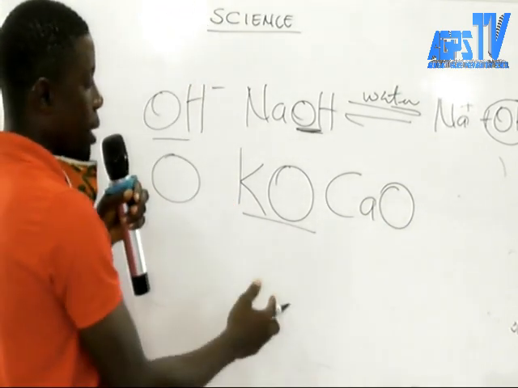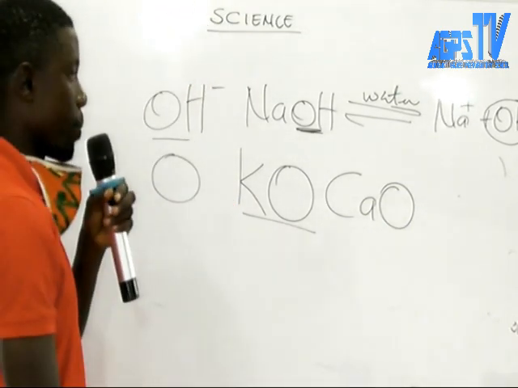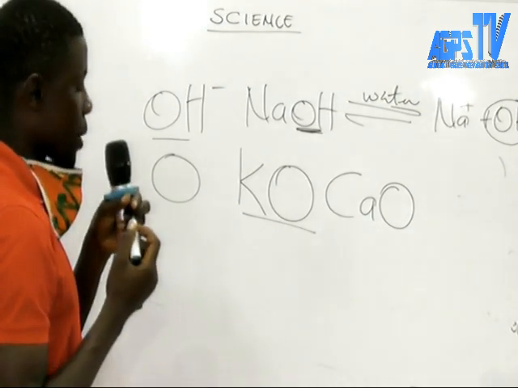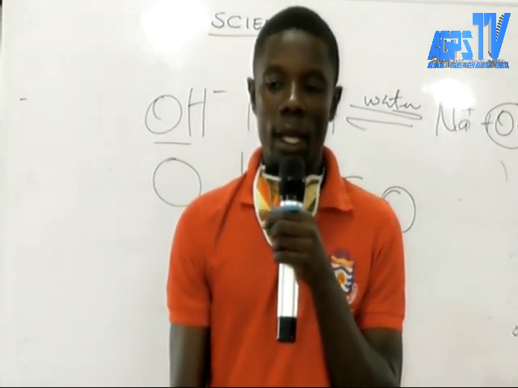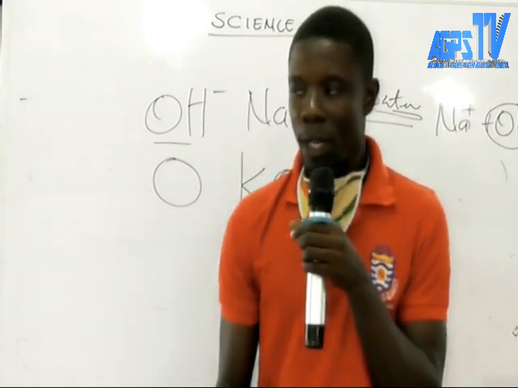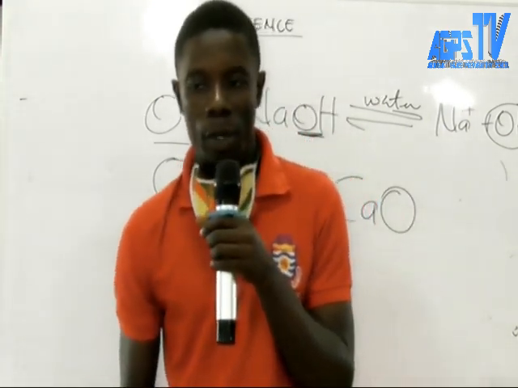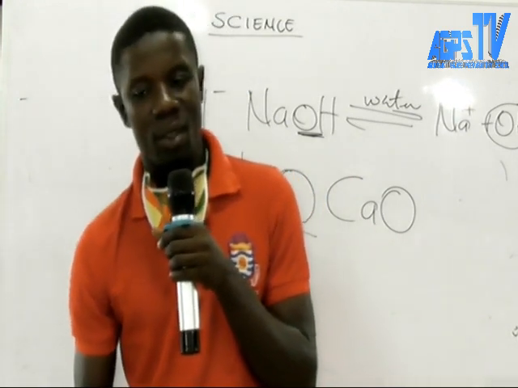So all these are typical examples of a base. A base is a substance that turns red litmus paper blue, or a base is a compound that produces hydroxide ion when dissolved in water. So this one is so simple.